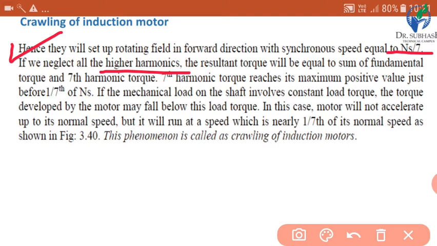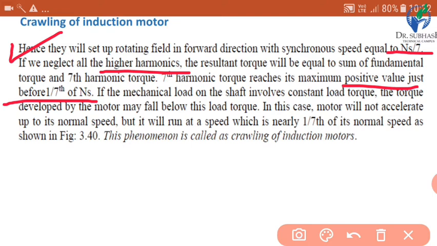So if we neglect higher order harmonics, then the resultant torque will be only fundamental and seventh harmonic torque. Seventh harmonic torque reaches its maximum positive value just before 1 upon 7th of synchronous speed.